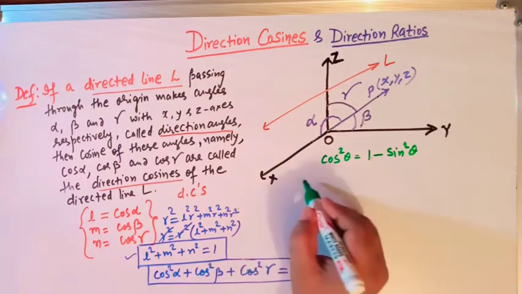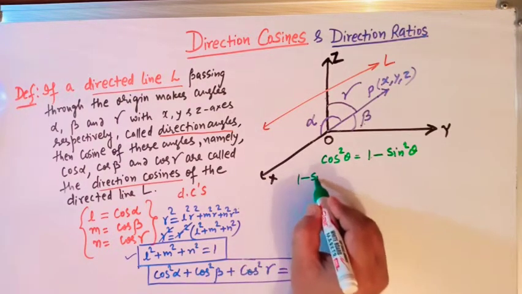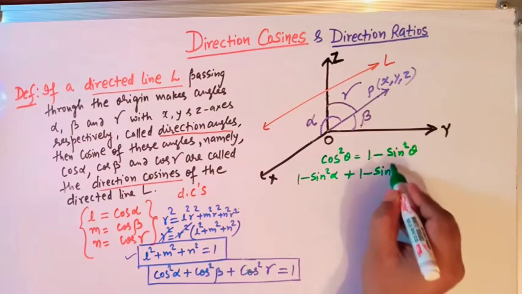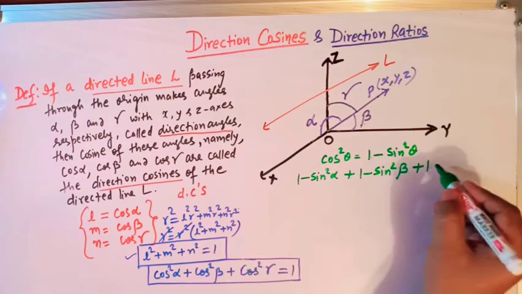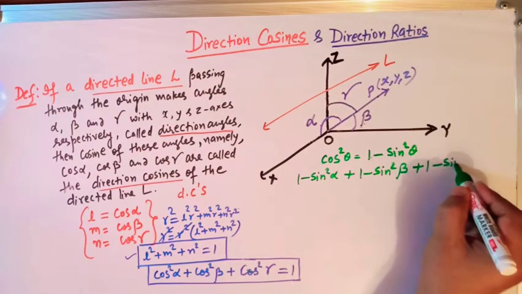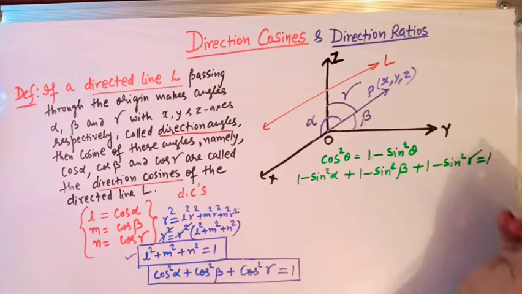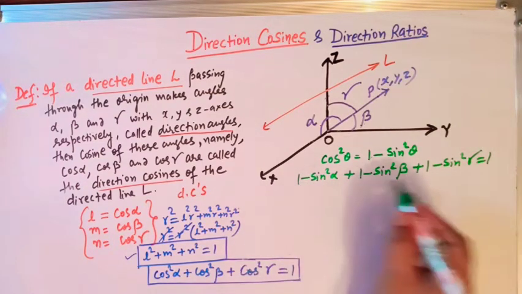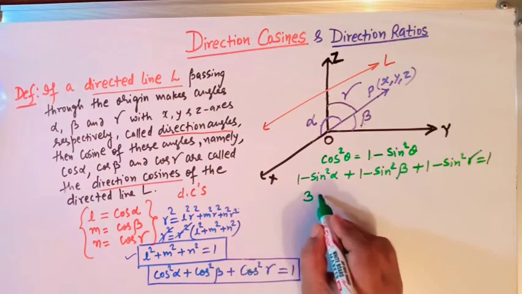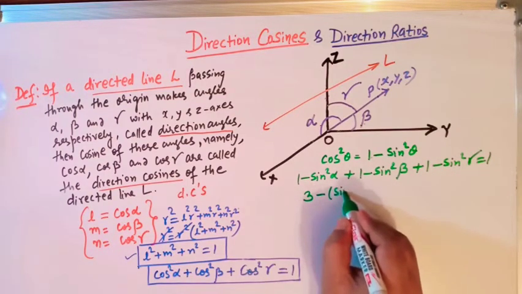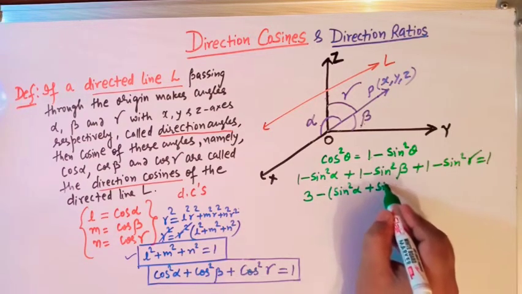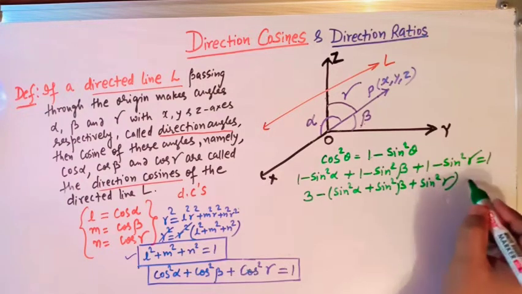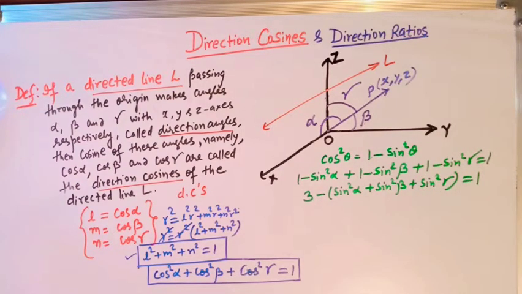So cos square alpha can be written as 1 minus sin square alpha, then we have 1 minus sin square beta, then we have 1 minus sin square gamma is equal to 1, right? Now we have 1 plus 1 plus 1, that is 3, and we have minus of sin square alpha plus sin square beta plus sin square gamma is equal to 1, right?